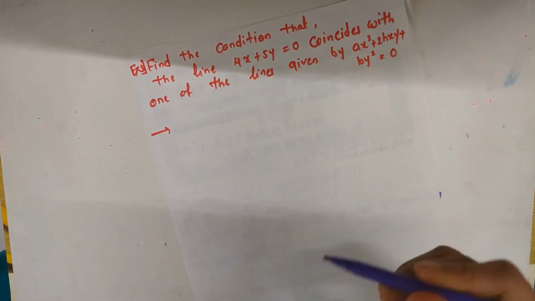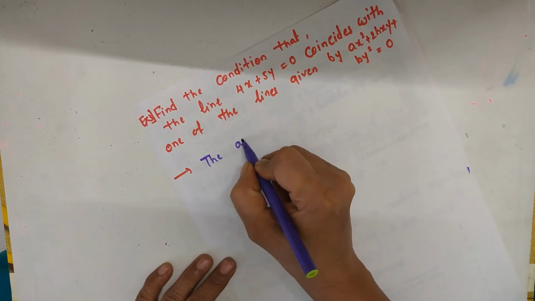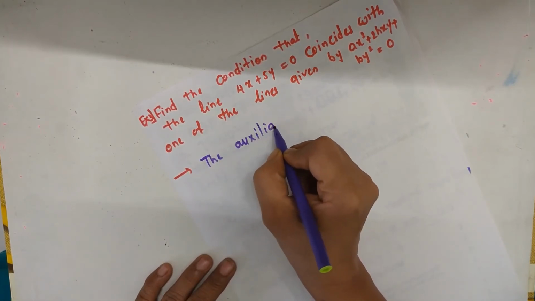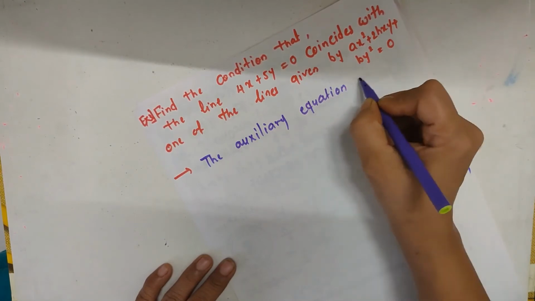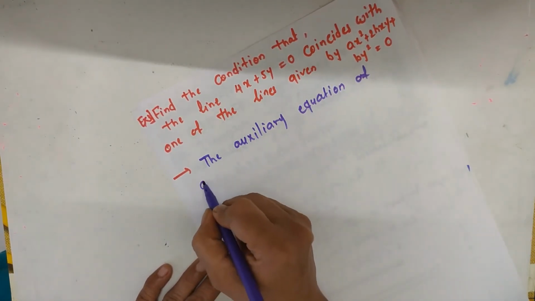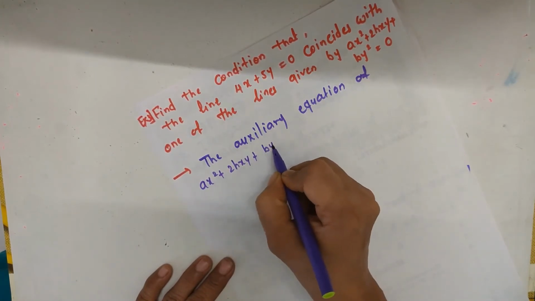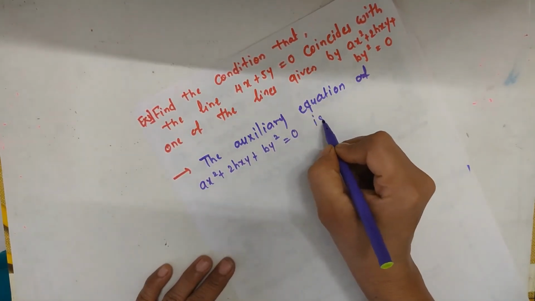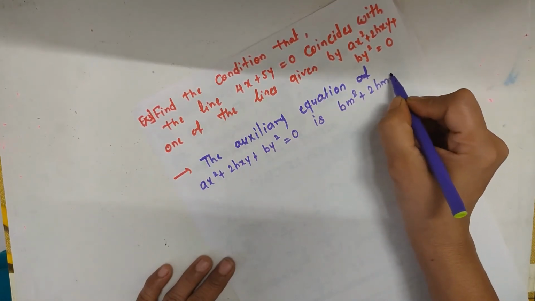So first we consider the auxiliary equation of ax square plus 2hxy plus by square is equal to 0, which is bm square plus 2hm plus a is equal to 0.